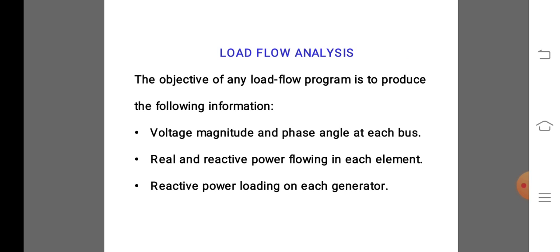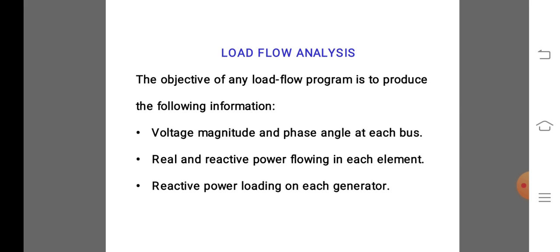Then load flow analysis. The objective of this load flow analysis is having voltage magnitude and phase angle at each bus, real and reactive power flowing in each element, reactive power loading on each generator. That means the various peak curves of generation, the area under the load duration curve is equal to that of the corresponding load curve.